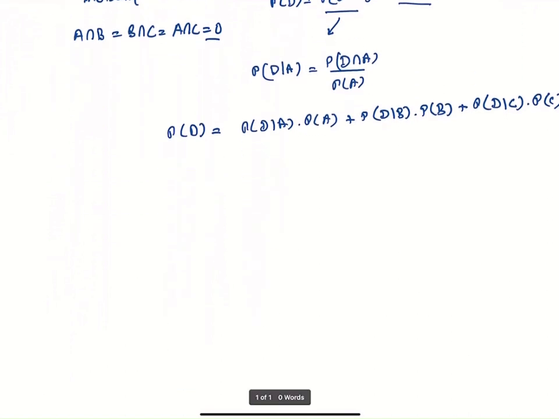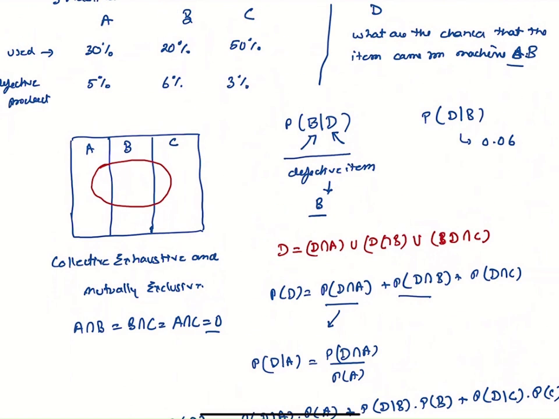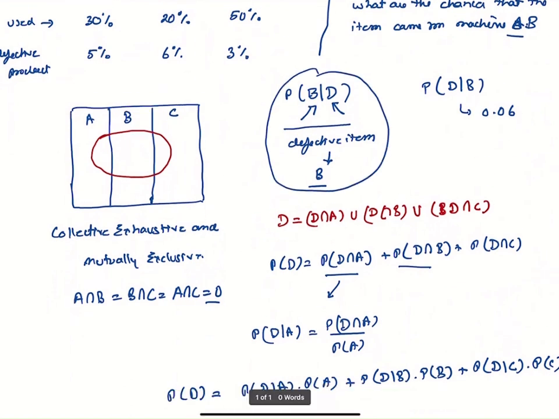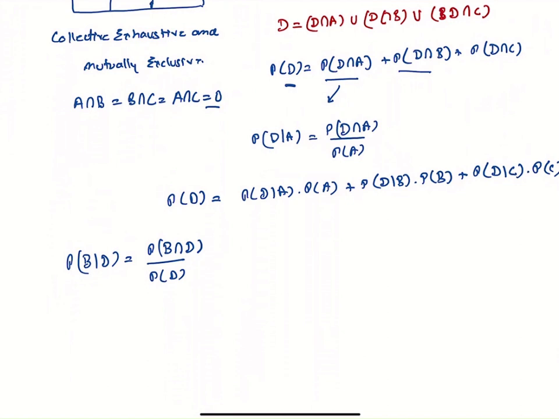So we want the probability of B given D. The probability of B given D will be the probability of B and D divided by the probability of D. But the probability of D is already this, so we can put it here.